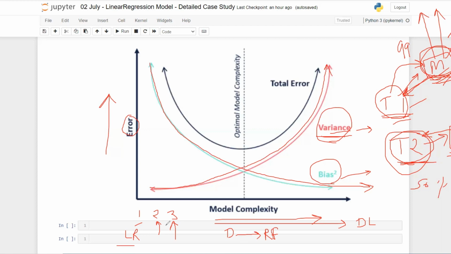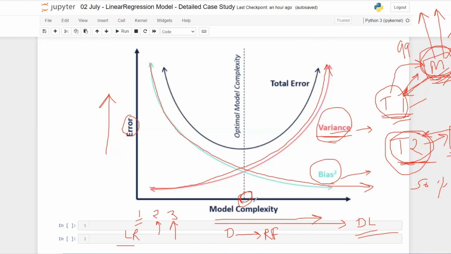So ultimately, we move towards a complex model. Complex models try to learn as much as possible from the given data, and that's where they tend to overfit. It's not that simple models are bad, and it's not that complex models are good. We always have to look for a sweet spot, something in between. Otherwise, the entire world would be using complex models. That's not the case.